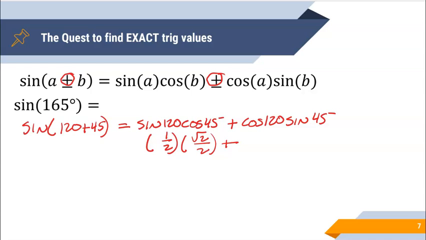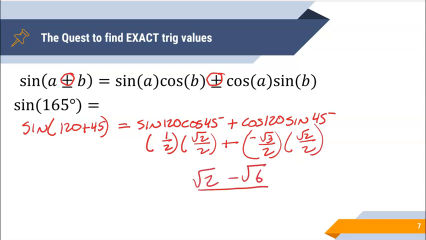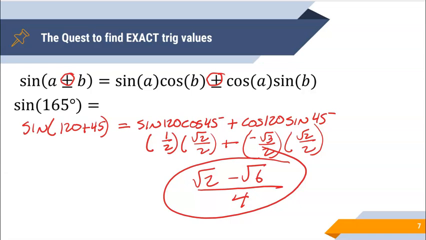The cosine of 120 will be negative root 3 over 2 because we are in the second quadrant. And the sine of 45 is root 2 over 2. Okay, we do our math. And there's the exact answer for the sine of 165. This is what you have to do. This is it.